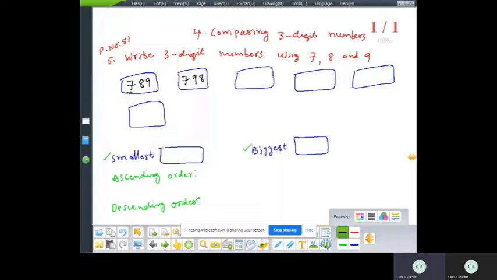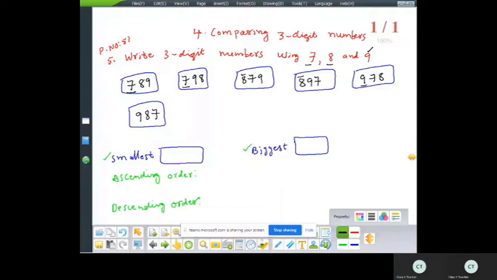Next 8. 879 and 897. These 2 are over in 100 place. Now take 9. 978 and 987. These are 3-digit numbers formed using 7, 8, 9.